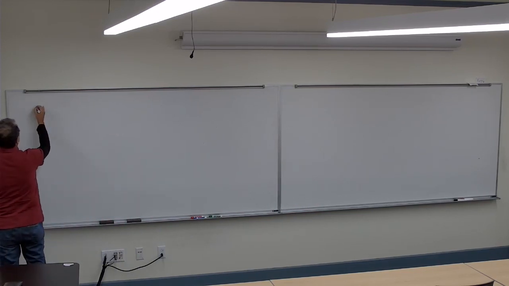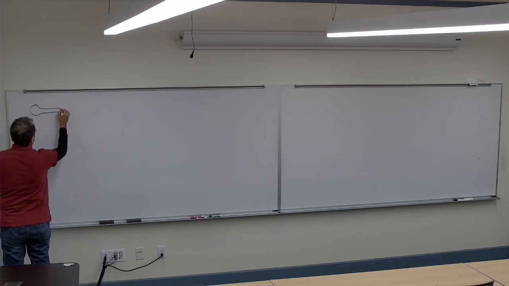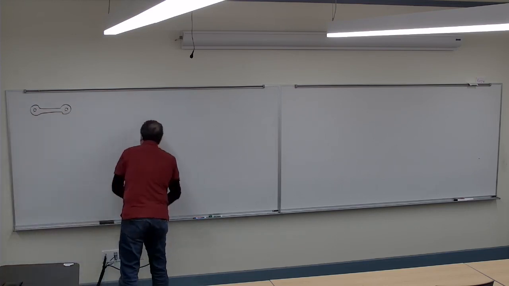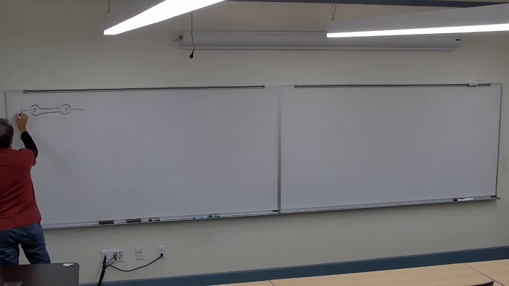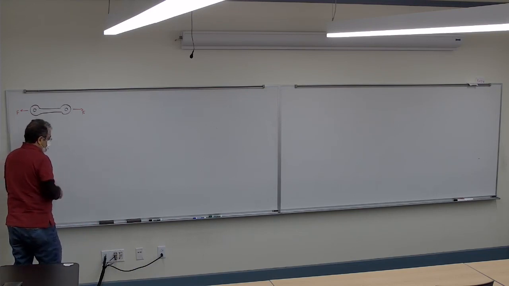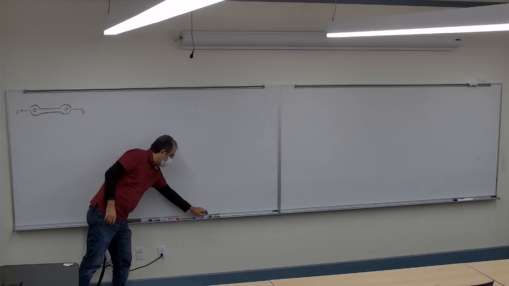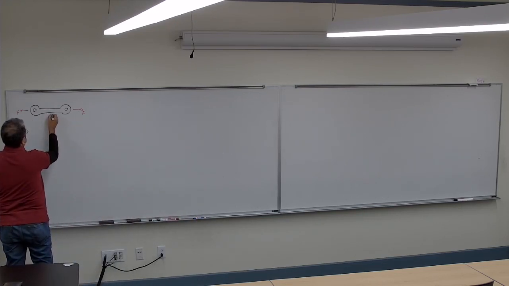So, that's something like this. And then we had some forces applying on that. And if we know the force, and we know the properties of that material, what we did was, okay, what's the diameter here?